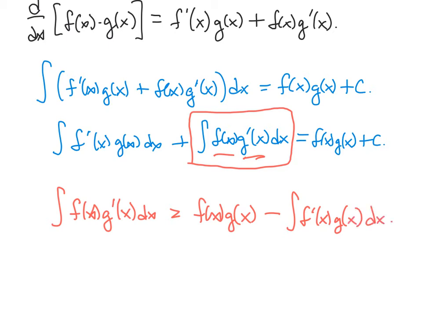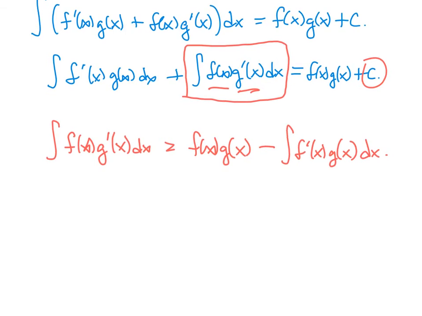And I'm leaving off that constant for now because on each side of this equation I have an indefinite integral. Each of these is assumed to contain some constant anyway, so I don't need to worry about writing it at this particular moment. By the way, we usually write this a little bit more succinctly. We don't usually write f of x, g of x here and there. Instead, we replace the letters f and g with u and v, and then g prime becomes a dv and f prime becomes a du.